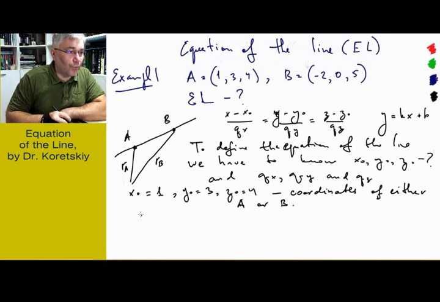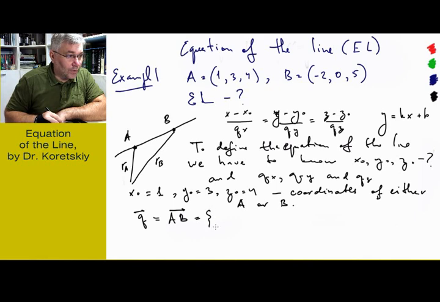What about q? The q vector I can take as the vector AB, and if you remember, head minus tail.